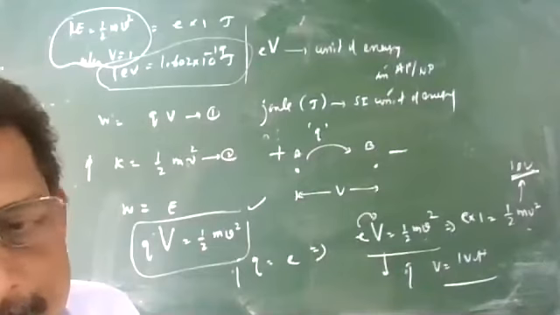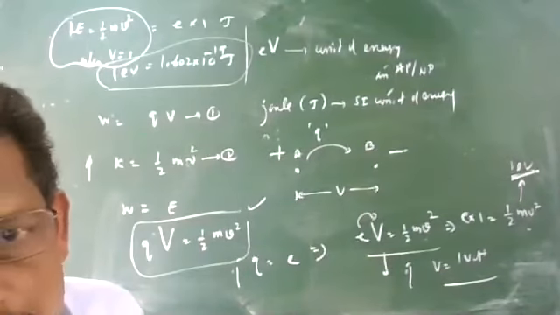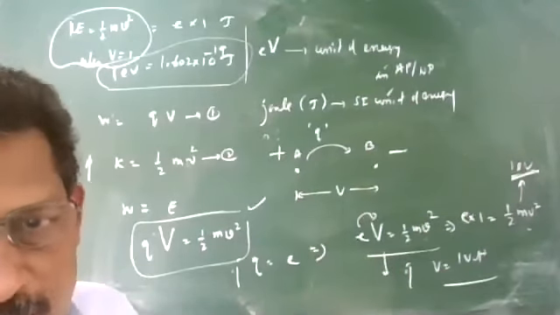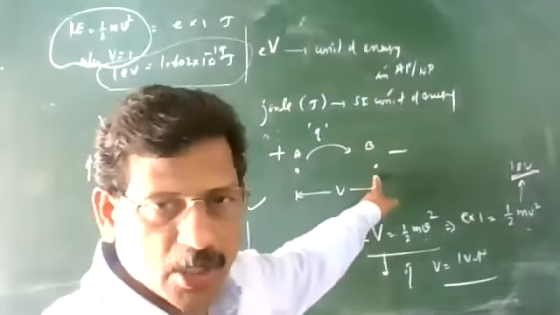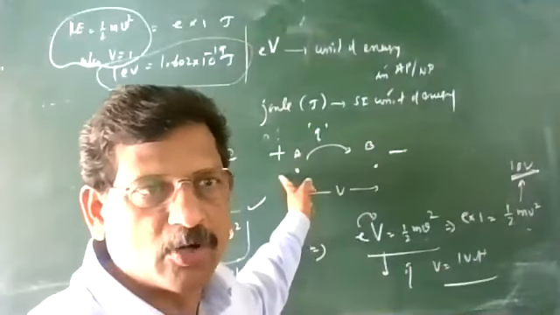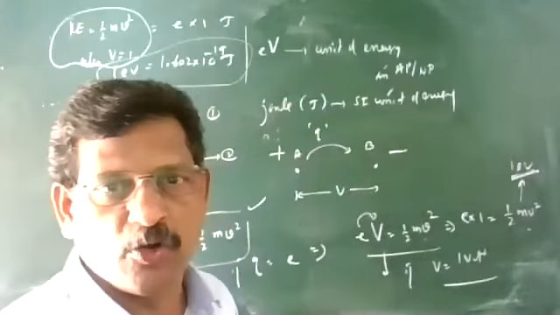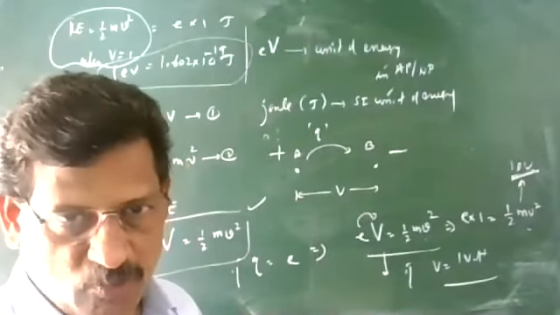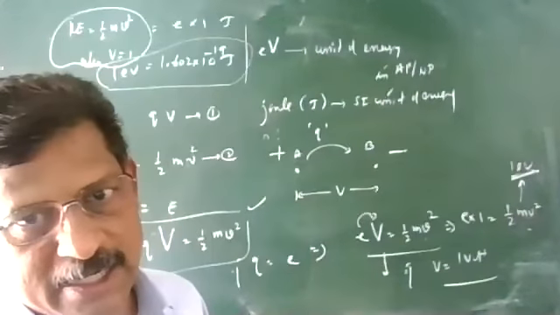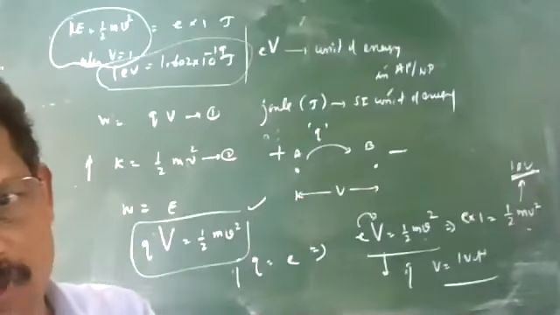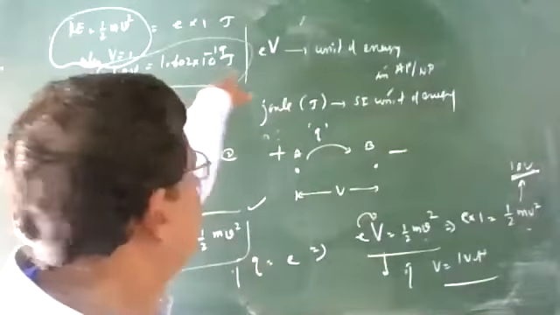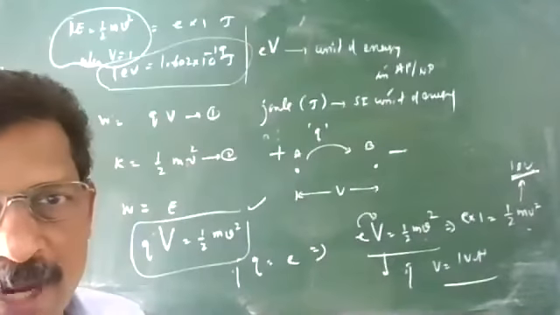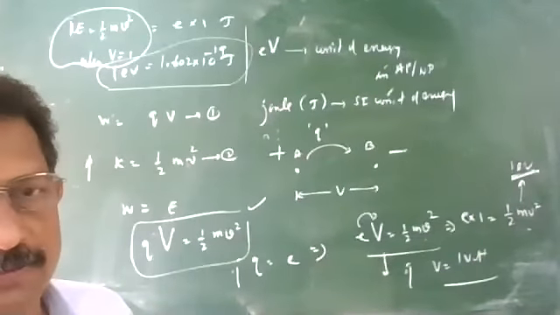B to A, because the electron is a negatively charged particle, so it goes from low potential to high potential. So an electron always tends to go from low potential to high potential. When it is moving like this, kinetic energy will be there. When potential difference is 1 volt, it is known as 1 electron volt. It is 1.60 into 10 to the power of minus 19 joule.